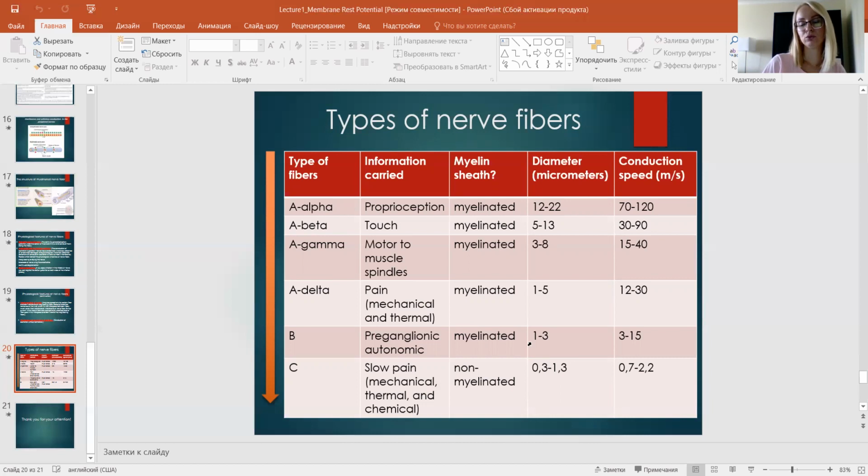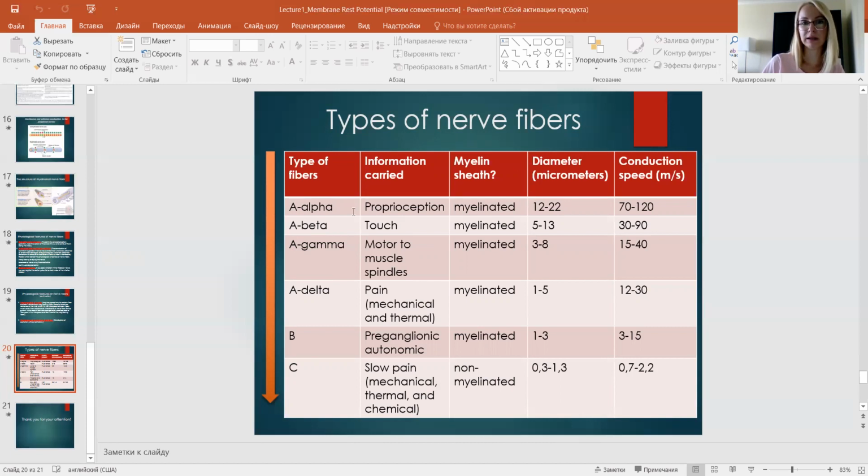To make it easier to remember the features of these groups and subtypes of nerve fibers, you have this arrow. What does it represent? It means that diameter and conduction speed decrease from group A alpha to group C. So the highest velocity of conduction of the action potential is in A alpha and the lowest in group C. It's the same with the diameter.